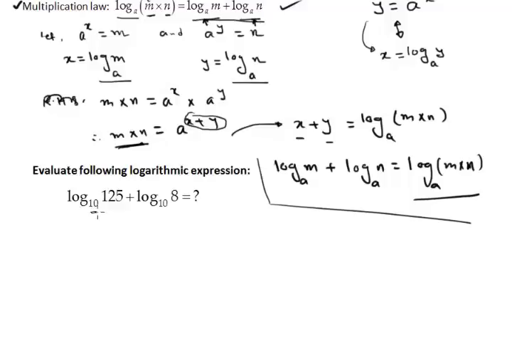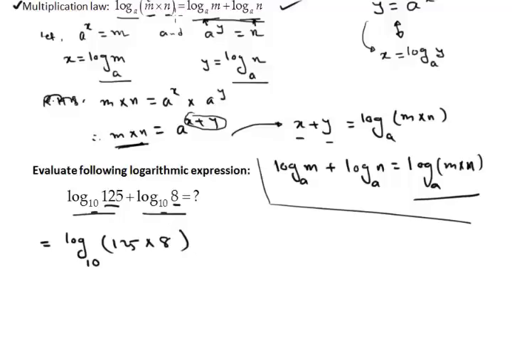Here, log base 10 and log base 10 are added, so using this law we can write log base 10 of 125 times 8.